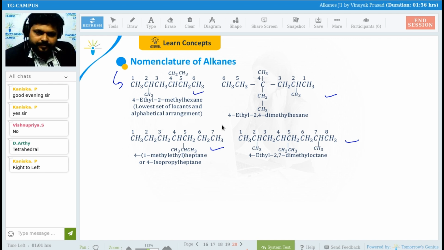Kaniska, Nitara, Anusika, Ashwin, Karthik, Vishnu, Priya. Guys, please write your answer in the chat section from the very first to the fourth one.